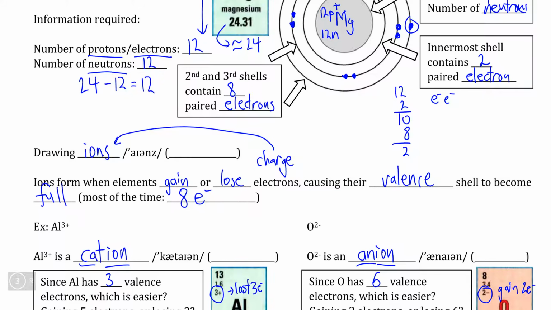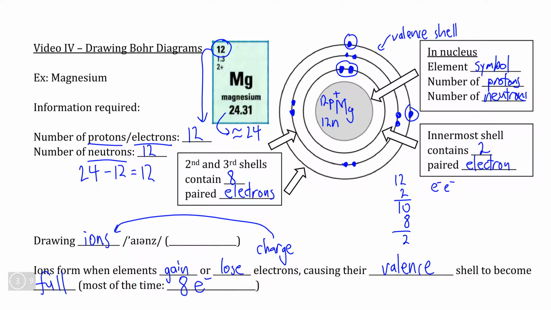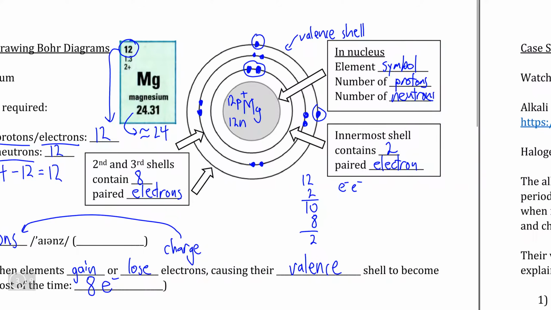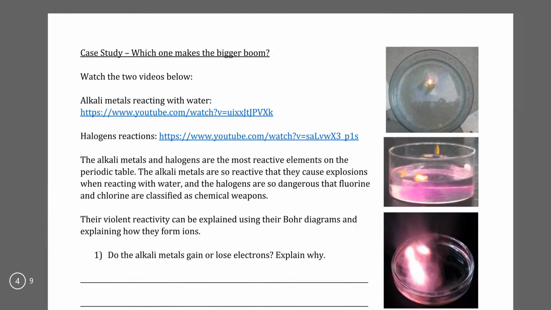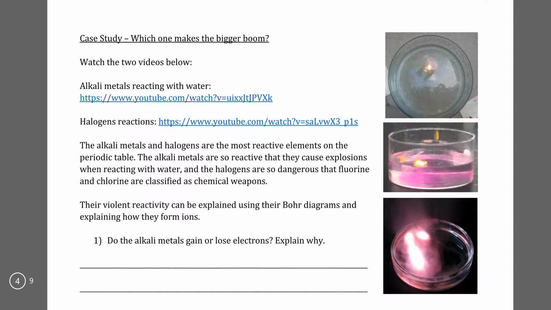This concludes our instruction when it comes to drawing the atomic structure of each atom in the form of Bohr diagrams. To test your knowledge and to see whether this makes sense, you can take a look at this thinking question here, which gives you an idea about why certain elements are reactive based on their gaining or losing of electrons.